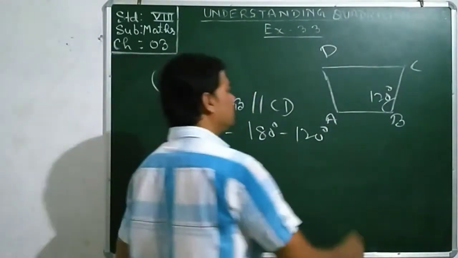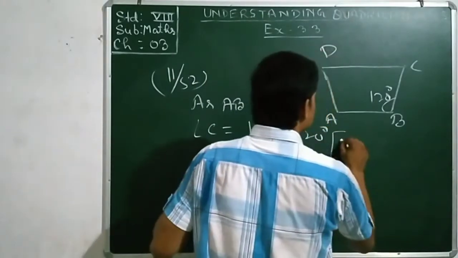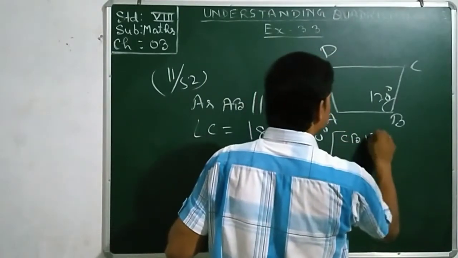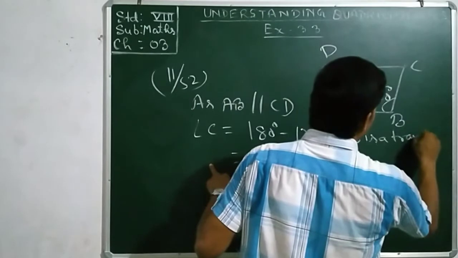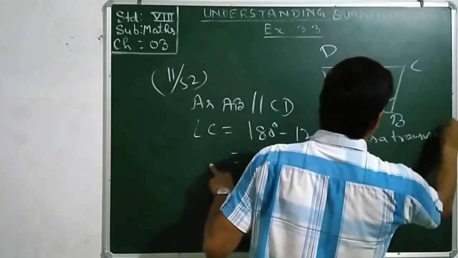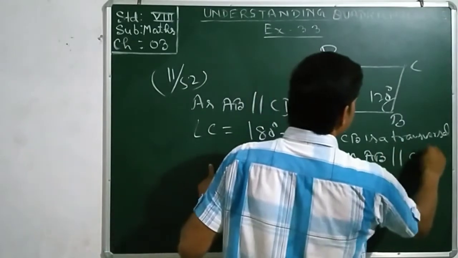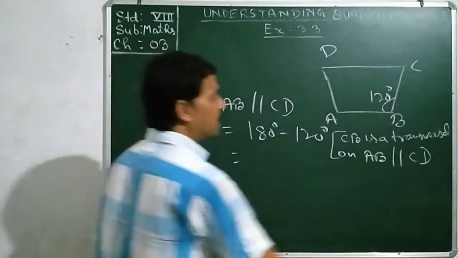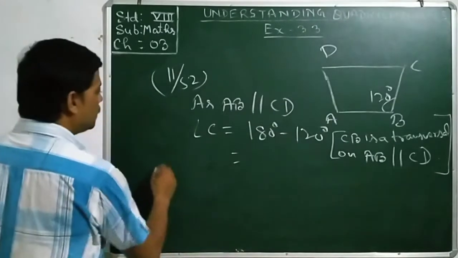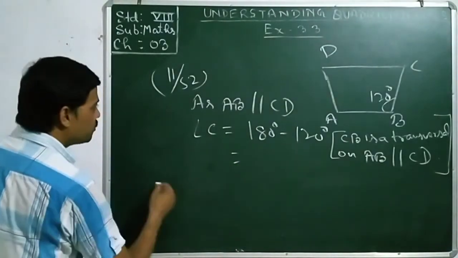The reason will be CB is a transversal on AB parallel to CD. That's it. And calculate it to be 60 degrees.